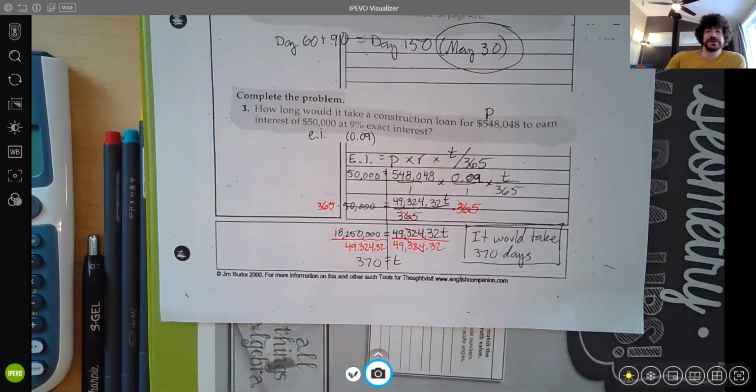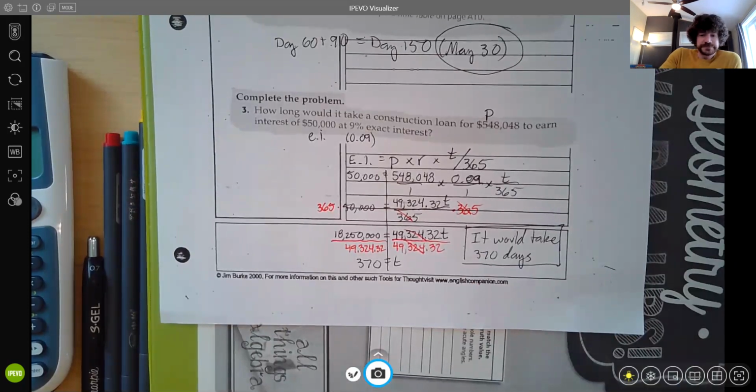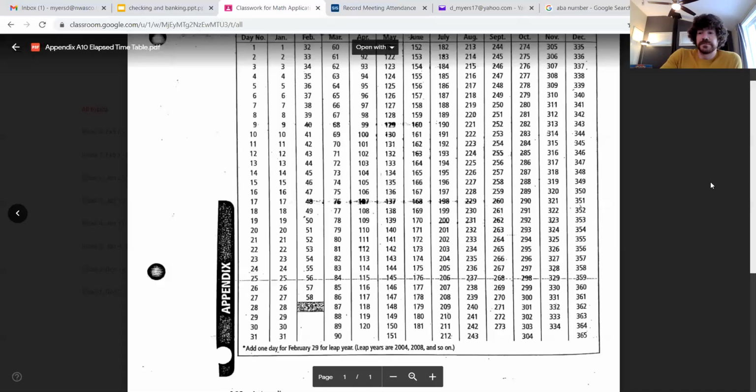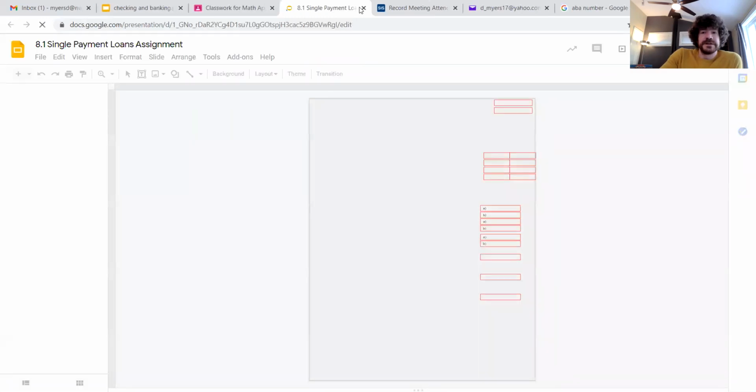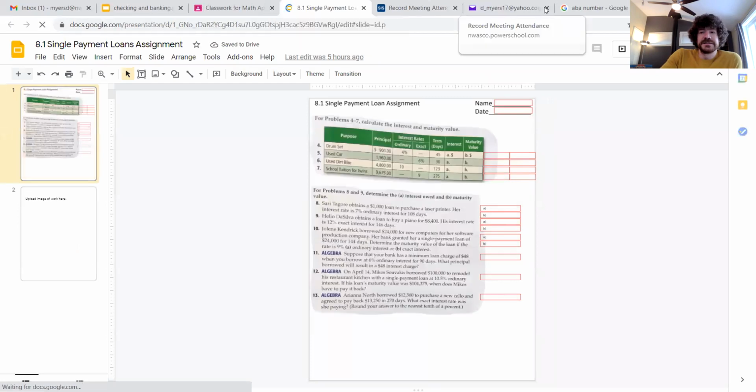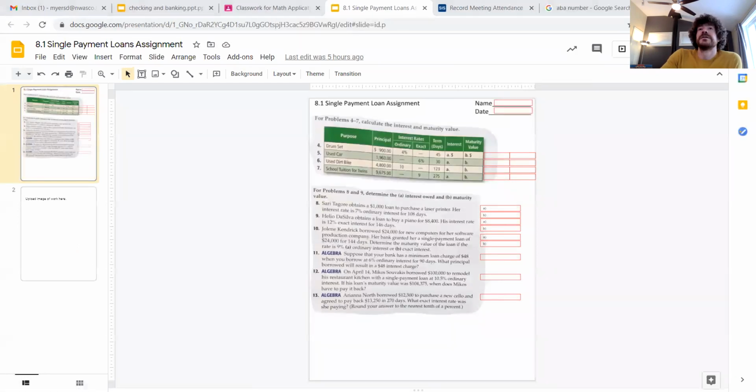Let's go ahead and have a look at the assignment real quick. See if any of this needs zoom in here.